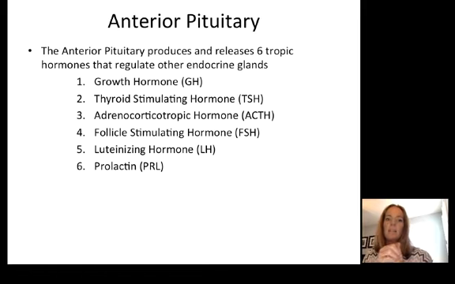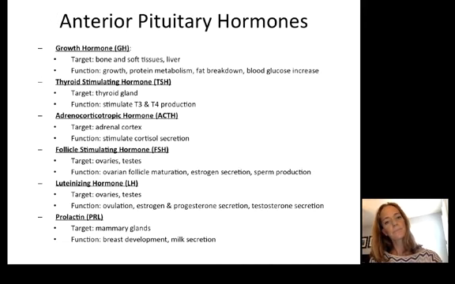So get out a lot of notes, and we're going to go little by little through the individual endocrine glands, how they are regulated upstream by the hypothalamus and anterior pituitary, and what they cause downstream in the target cells.